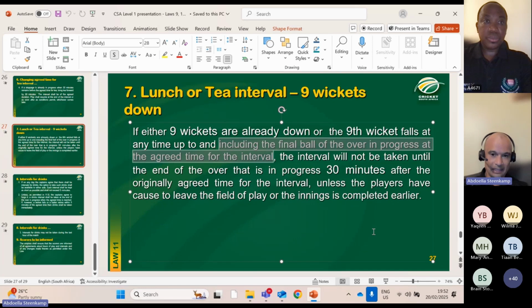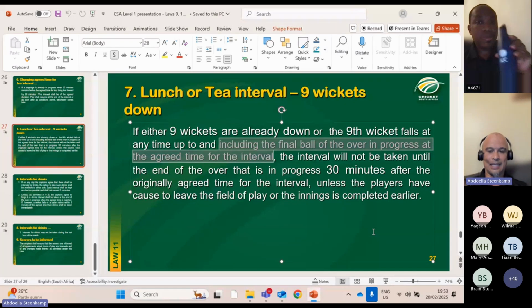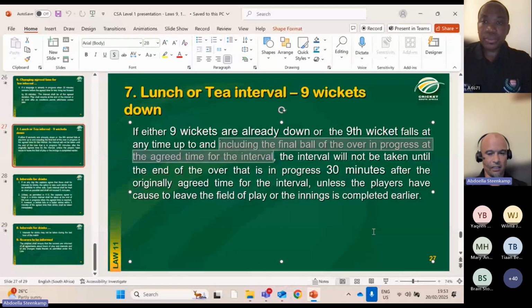The next batter needs to come out and face the next delivery. The side is now 9 down. We cannot take lunchtime. We need to play a max of 30 minutes extra to see whether the fielding side can take the 10th wicket. So if they can within the 30 minutes, we'll then take lunch. But if at 12:30 they still haven't taken the 10th wicket, we will then take lunch at 12:30.